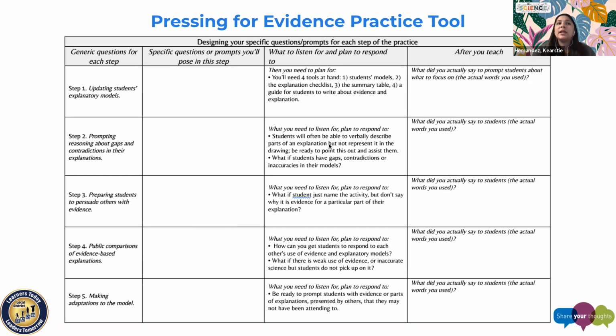The way I like to look at it is what am I planning to listen for, and developing my questions that way. What if a student just names the activity but doesn't say why it is evidence for the particular part of their explanation? What questions could I ask to guide students to explaining the why as opposed to just the evidence?